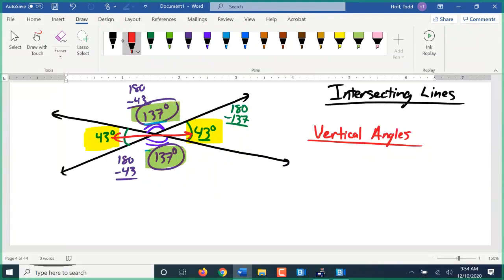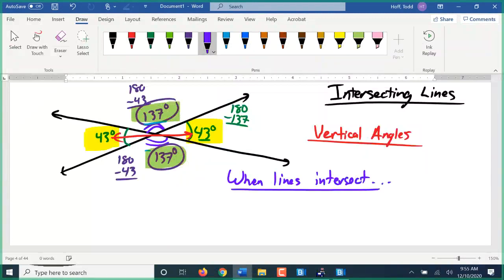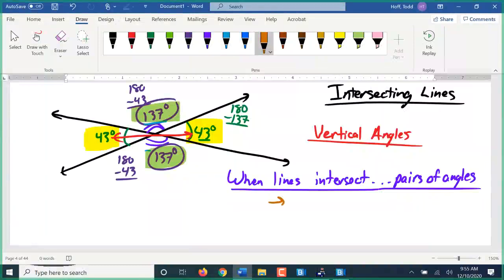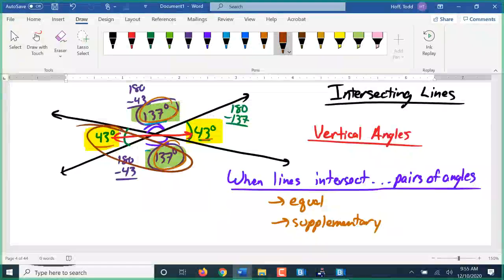When lines intersect, the pairs of angles that are formed are either equal, like the 43 and 43, or the 137 and 137, or they're supplementary, like the 43 and 137.